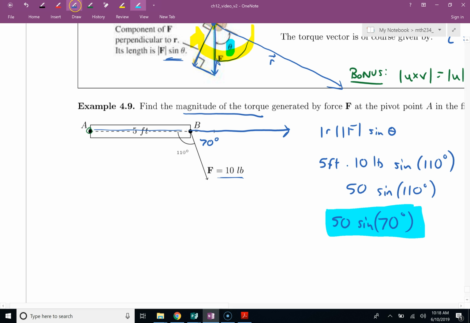And then you can think about it a little bit longer even and say, does it matter? Actually, if you plug these both into a calculator, they give you the same result. And that's quite remarkable. And the reason why is because they're supplementary angles.